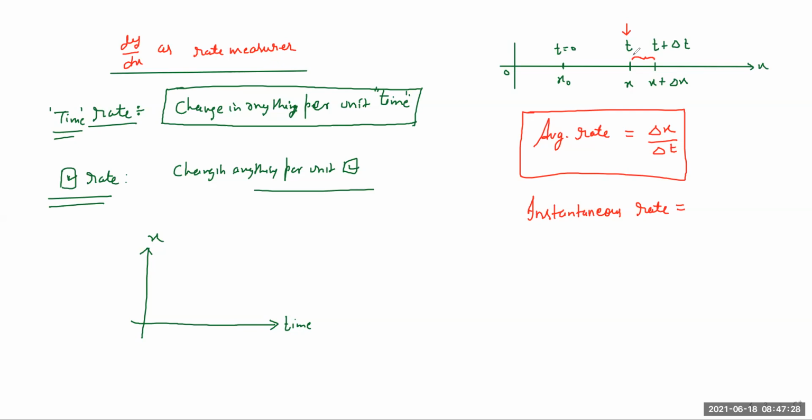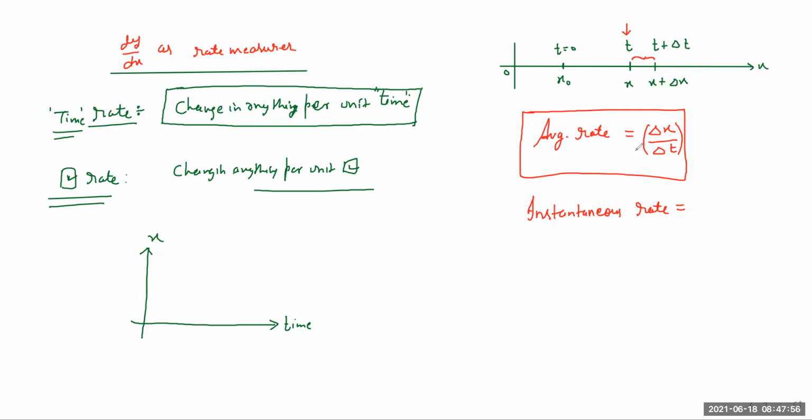Now, to understand at what rate he is moving forward, we need to find the displacement of Usain Bolt in a time interval. So let's say I take a time interval from t to t plus delta t, and I check how far he has gone. I found that he has gone from x to x plus delta x. So the rate at which he is moving is delta x upon delta t, but my question is different.